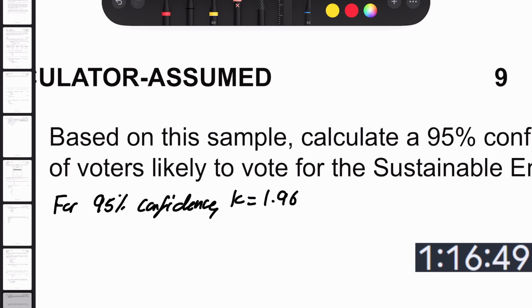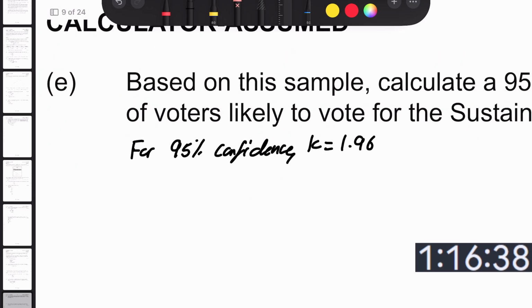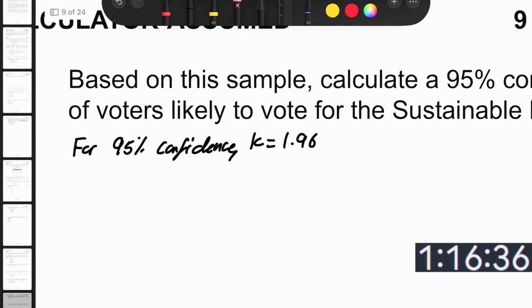What is it for 90 again? 1.645. Okay. And for 95, is there any rounding to do? So 1.96.